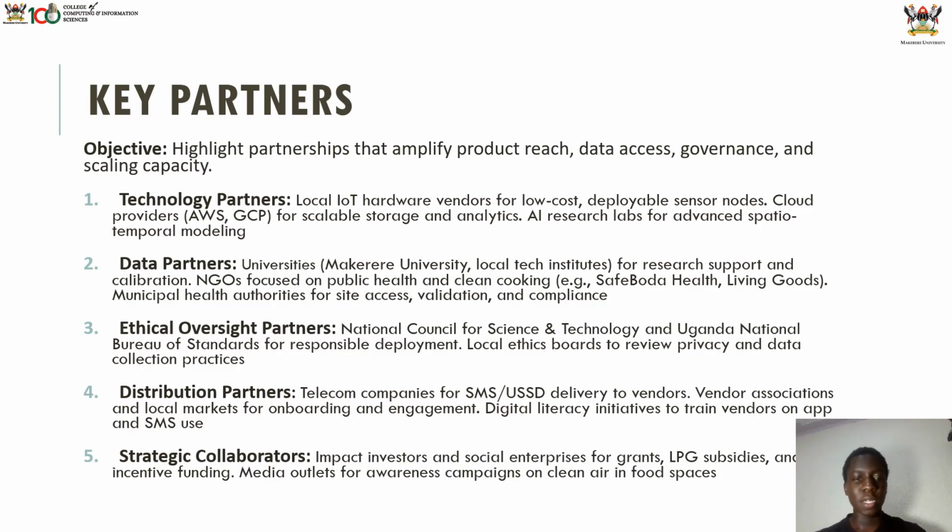We also have data partners, which is universities like Makerere University for research support and calibration. For ethical oversight partners, we have collaborated with the National Council for Science and Technology and the Uganda National Bureau of Standards for responsible deployment. Distribution partners are telecommunication companies for SMS and USSD delivery to vendors. And then strategic collaborators was the last one.